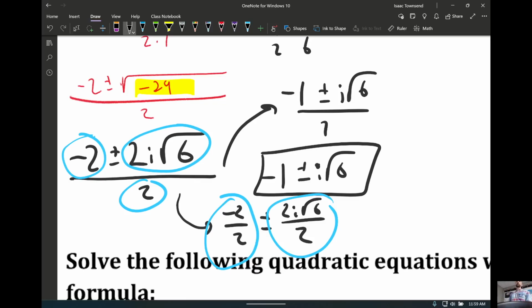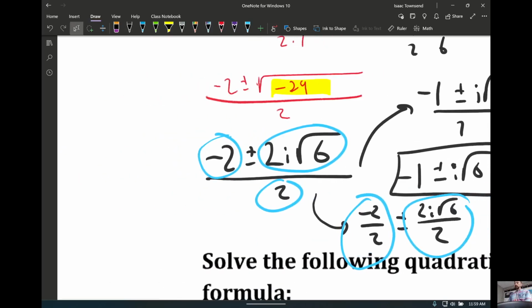What would be a problem is, even though this is 2 times i times the square root of 6 and the order doesn't really matter, in a textbook they always put the square root of 6 last, and you probably should do that too, because if you do this, it's hard to tell: is this a 2 or is this a square root of 2?